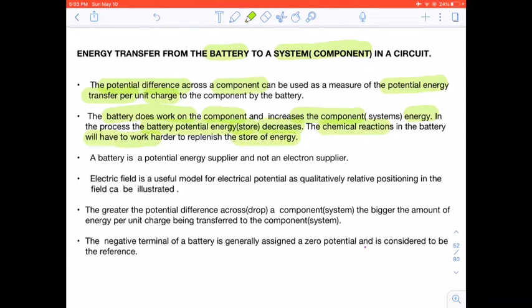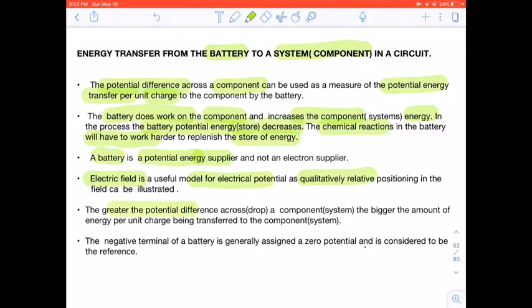Now what we need to realize is that a battery is a potential energy supplier. It doesn't supply electrons. All it does is supply potential energy and the electric field in order for those charges to move. So the electric field is a useful model and gives us, qualitatively, relative position in the field, right, which can be illustrated.